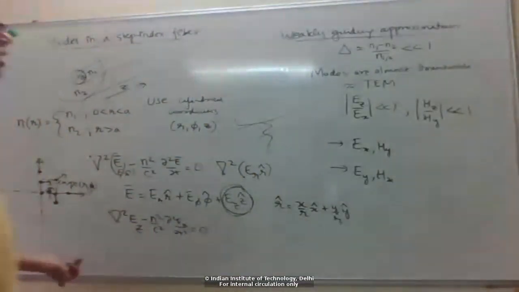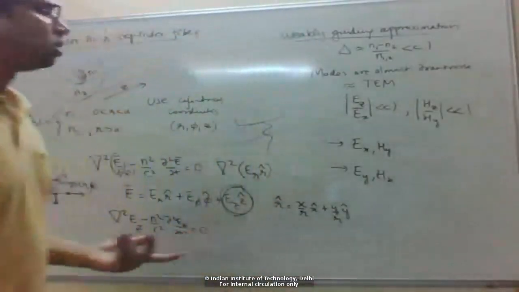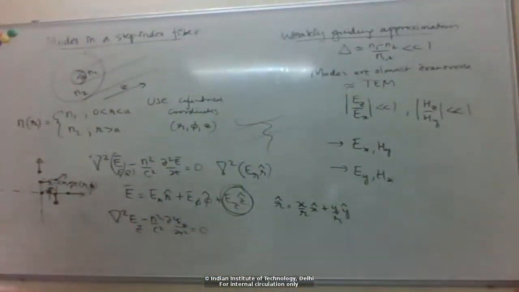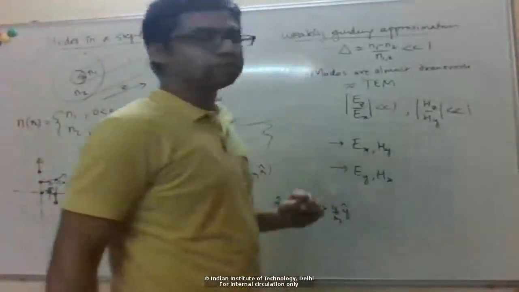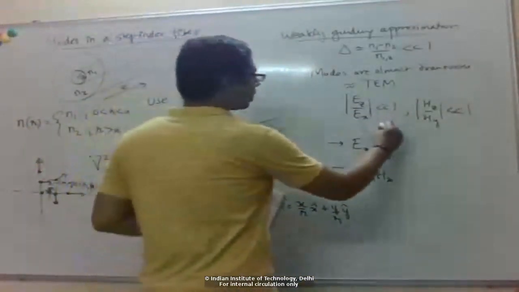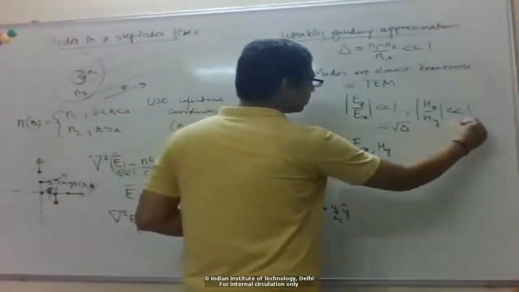But we also saw that under this approximation, where the index contrast is very small, the waves almost look like TEM because the longitudinal components are very small. They were of the order of, we saw this went as the square root of delta or something.